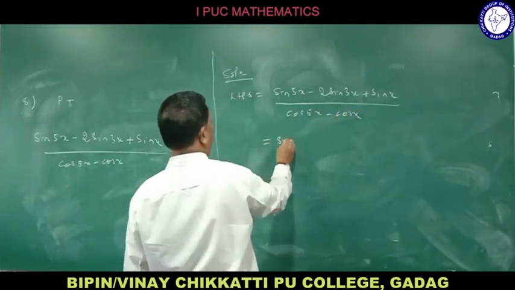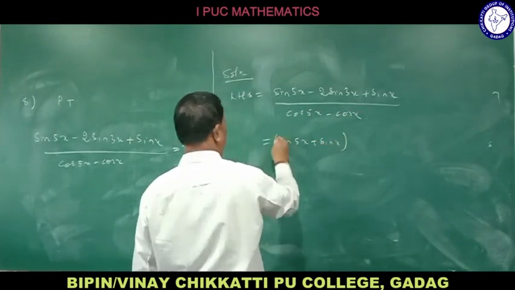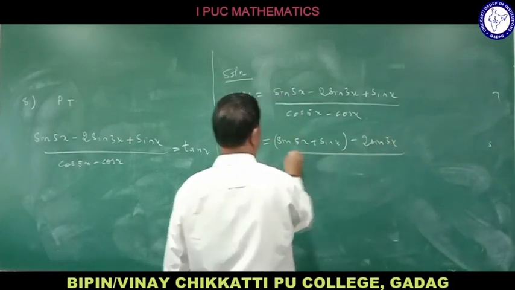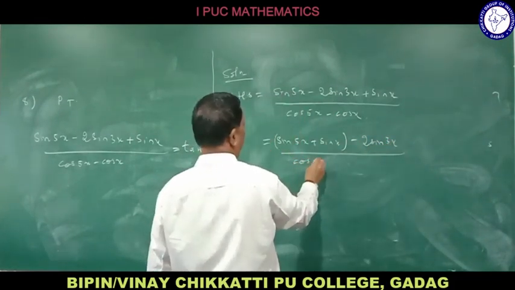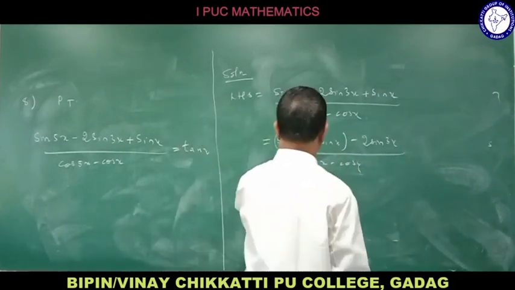This can be written as sin 5x plus sin x minus 2 sin 3x divided by cos 5x minus cos x.